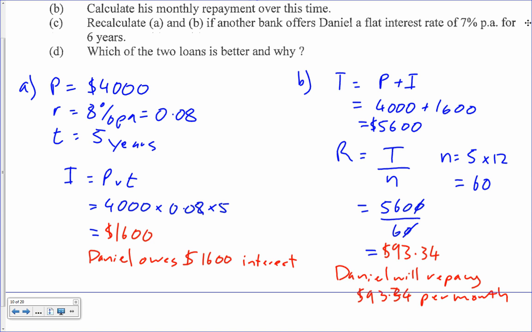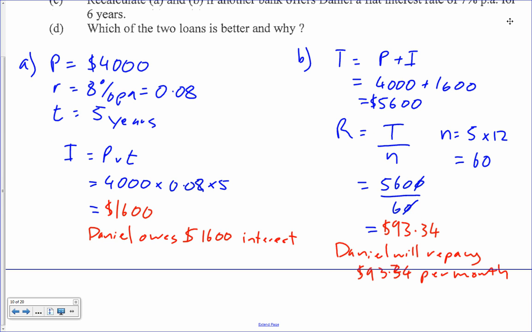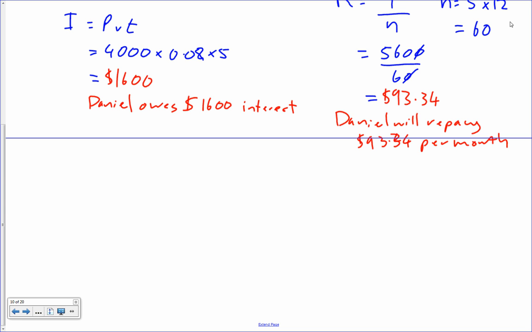Next one, recalculate A and B if another bank offers Daniel a flat rate of 7% for 6 years, and then we need to do which loan is better. So what we're going to do is scroll down a bit. So C. So our principal is still going to be 4,000.